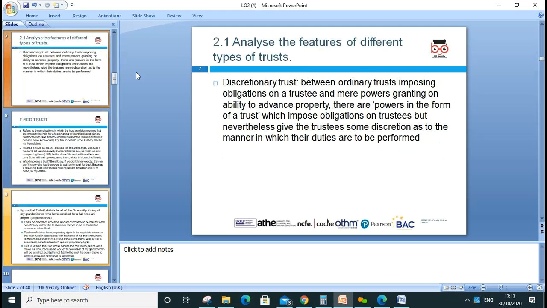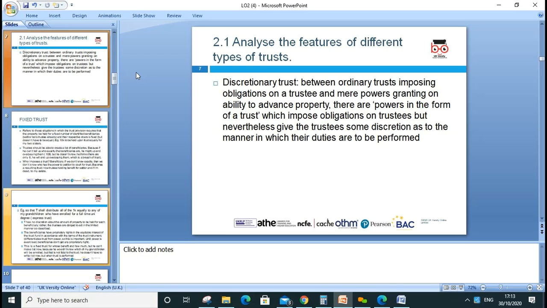Okay, now we have discussed trust, types of trust here, types of power, and now we're looking to analyze the features of different types of trust. One is a discretionary trust.